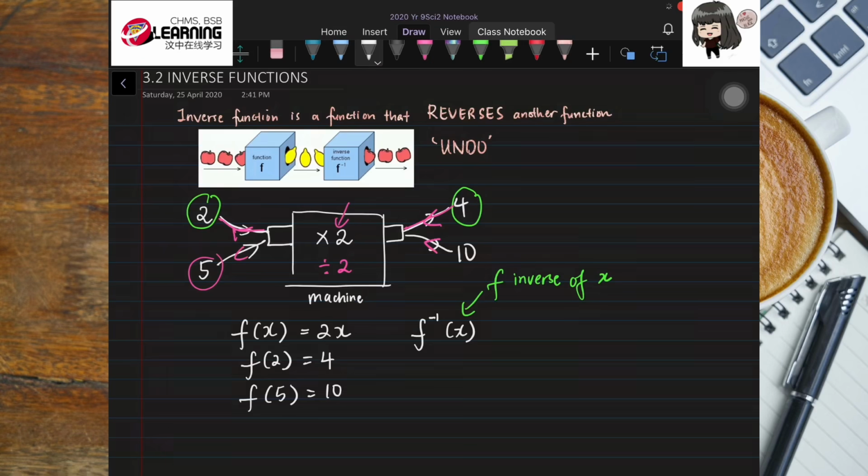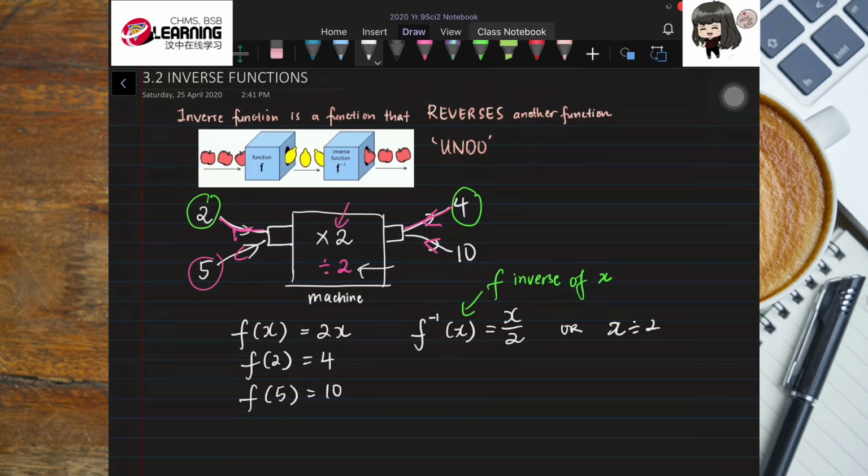So inverse means that you are no longer 2x. The rule is no longer 2 times x. Look at the machine here that I wrote just now in pink. The general rule now is not times 2, but instead of times 2, it's divided by 2. So the rule for the inverse function will be x over 2, or x divided by 2.